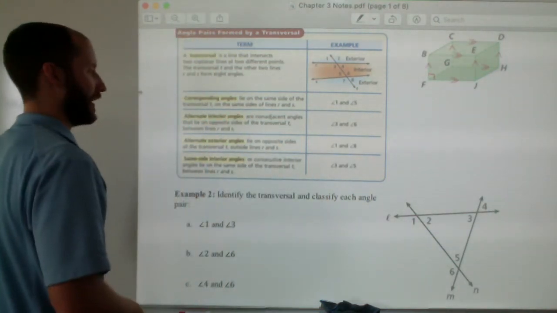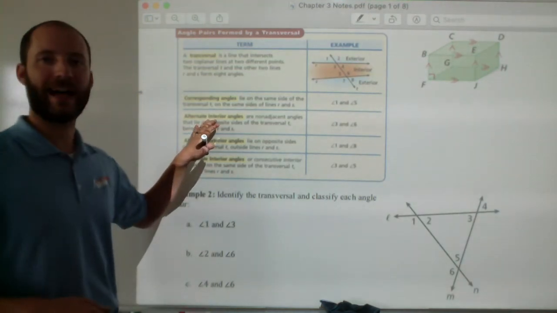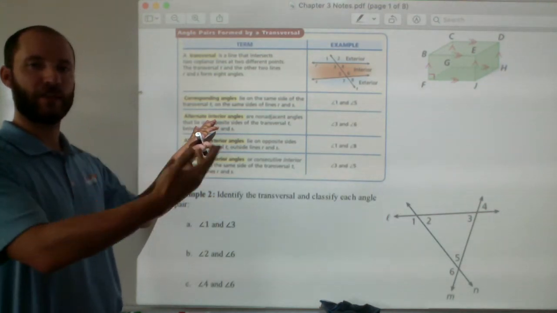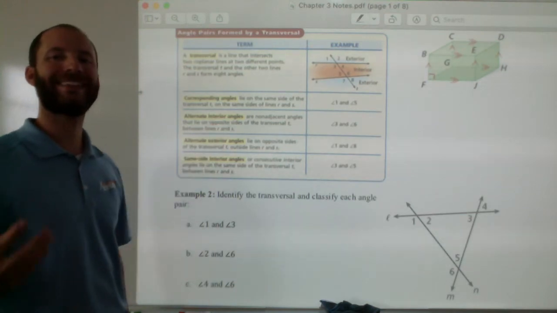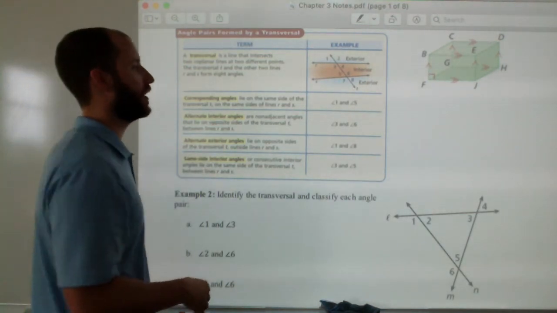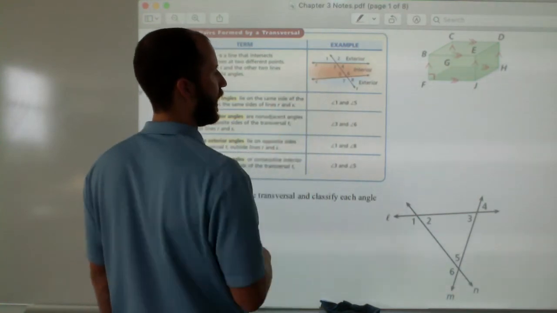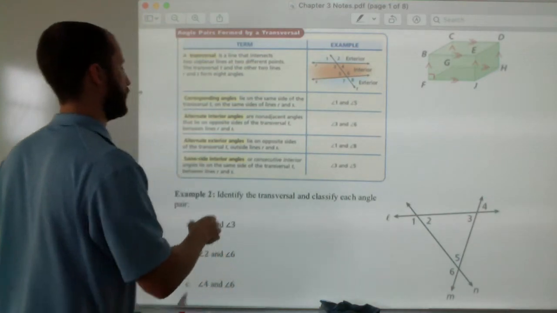Alternate interior angles. Those are going to be on different sides of the transversal, so alternating sides, and then interior, inside the 2 lines. So that would be like 3 and 6, also 4 and 5. Opposite sides of the transversal, but in between the 2 lines.